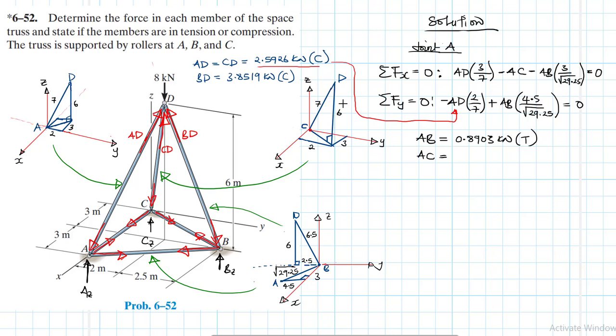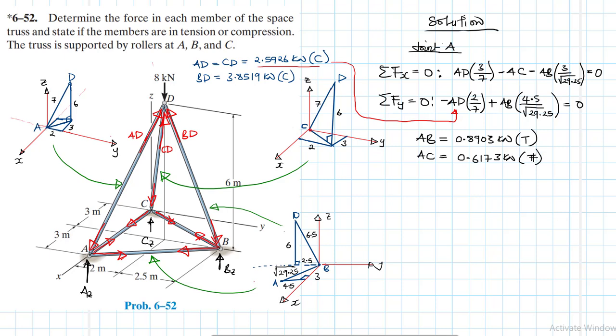Then we have plus 2.5926 times 3 over 7. All right, therefore AC is equal to 0.6173 kilonewton, and is also in tension as we had assumed it.